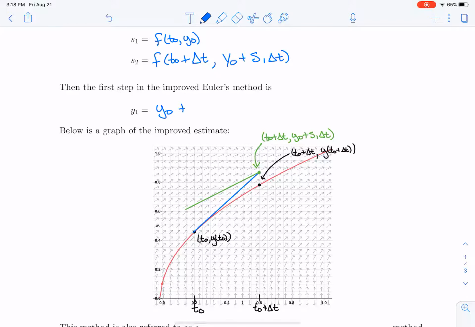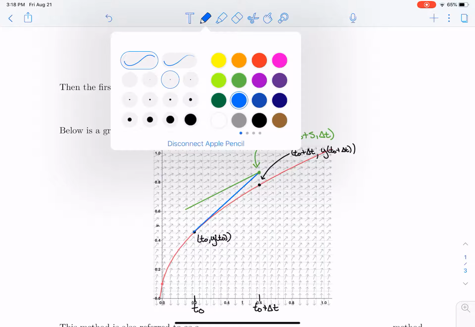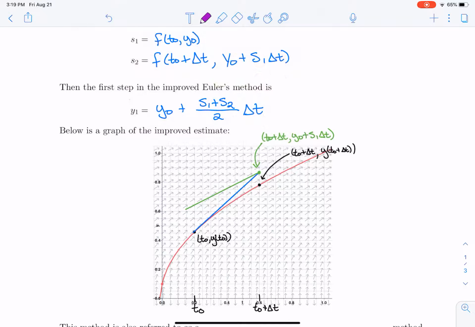We can take the average of the two slopes, so s1 plus s2 over 2, and then multiply that by delta t. So what that looks like is I will consider an average of the two slopes. So this purple slope is going to be an average of the two slopes that we found, okay?